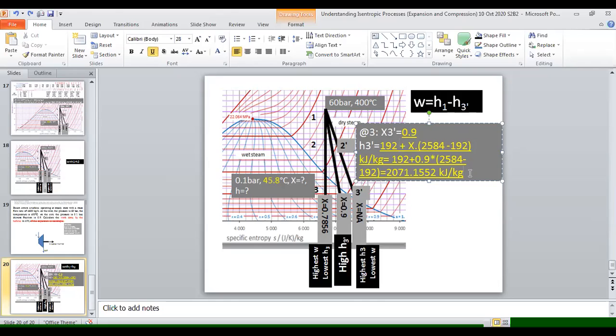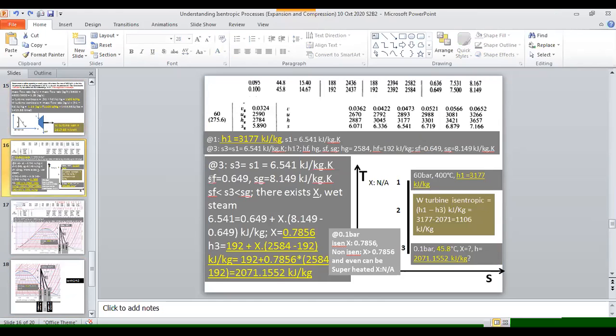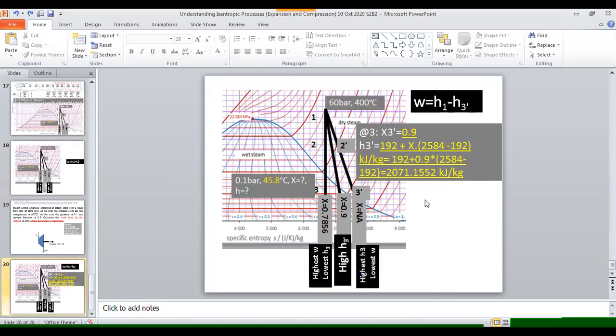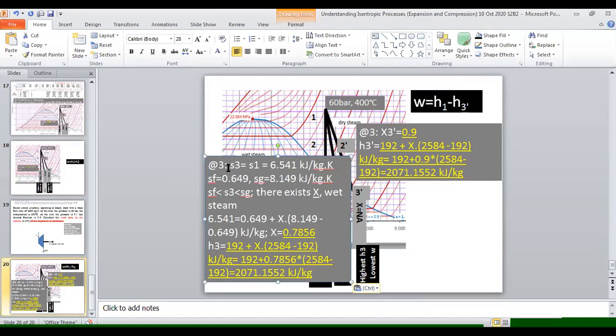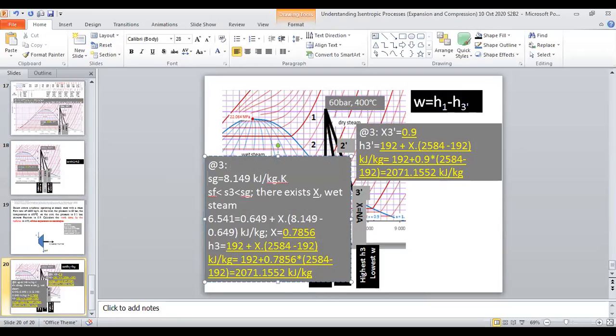Yes, H3 dash. Here, H3 is 3. You can write your Hg value. X is 0.9.